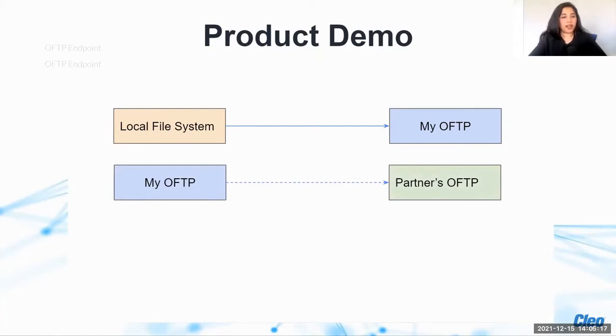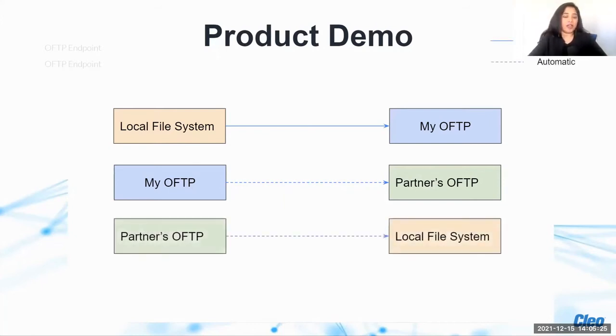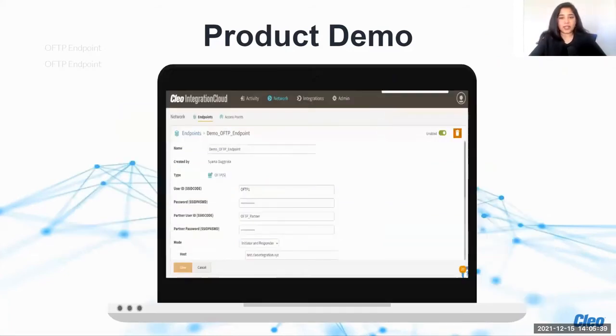And from there, the files would then have to be transferred from my OFTP endpoint to my partner's OFTP endpoint. And just for the purpose of the demo, we'll finish the loop with sending the file back from the partner's OFTP, receiving it into my local file system. So with that said, I'm jumping right into the demo.